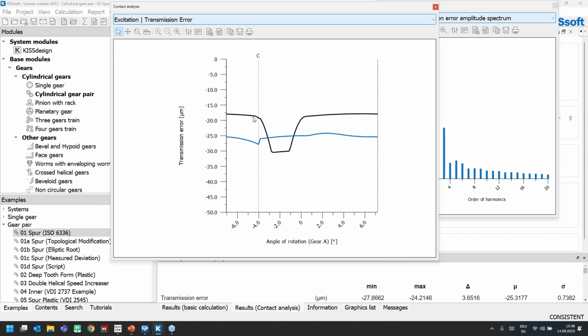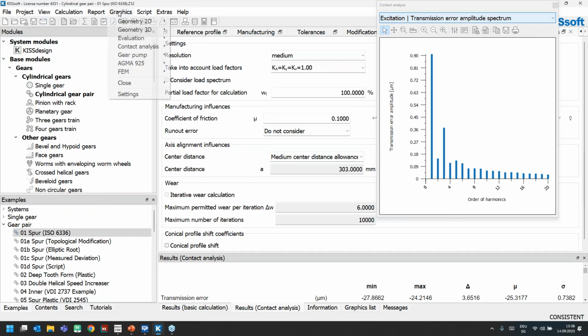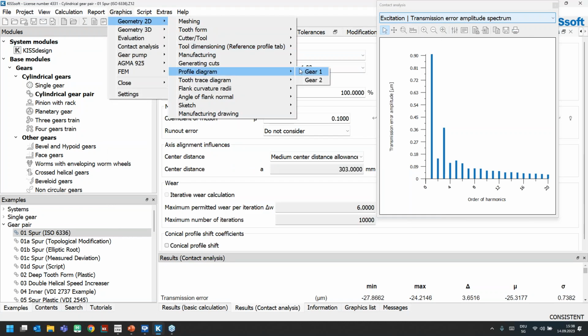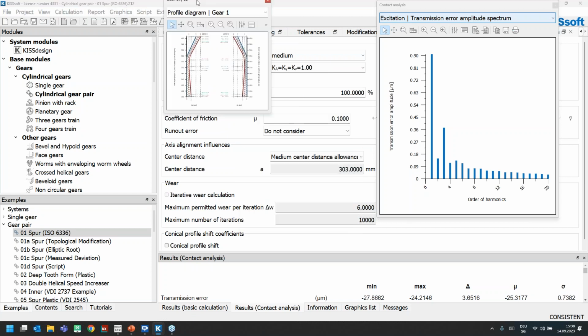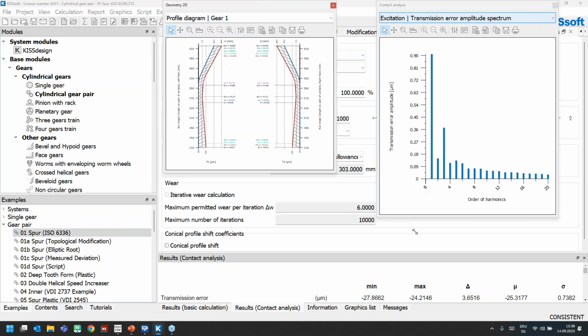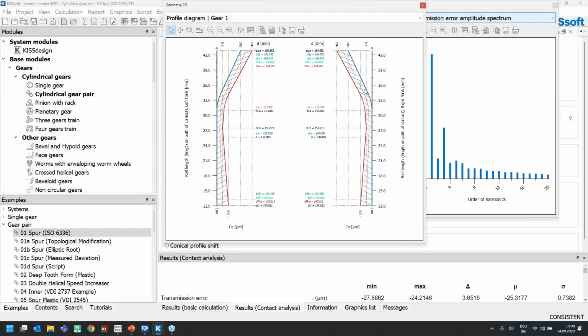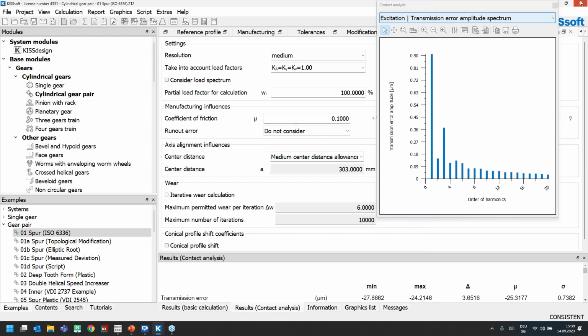Okay, so the black curve is before the optimization, and we see after optimization that the amplitude became almost a factor of 4 smaller, which is exactly what we're looking for. We can also see in general that the signal is a little bit smoother. And if we want to look at the shape of this modification, we can find it on the profile diagram of gear 1. So you can see it's a linear modification with a transition radius.